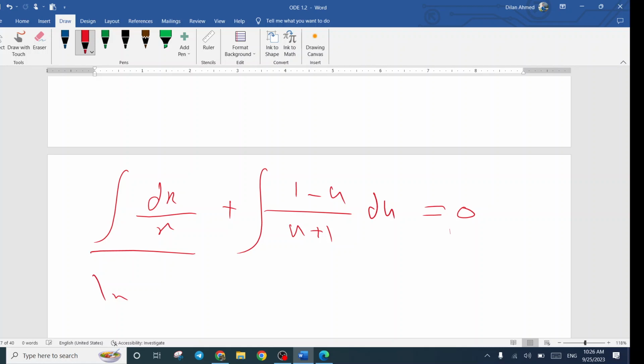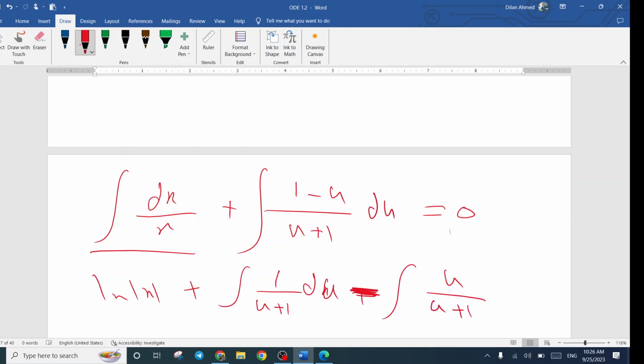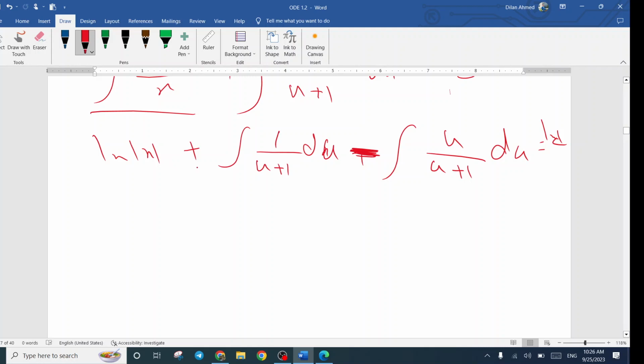The first one is easy, ln of x. For the second, she said she preferred to make it like that, and she is right. Good. Then ln of c, up to you. Then we see that one is easy. But for this one, we need to make it what? Make it long division.